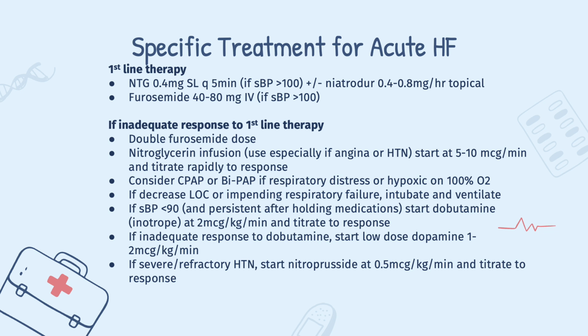But it can also be used as adjunct therapy in patients with pretty severe pulmonary edema without the hypotension that really is refractory to the initial treatment of Lasix and nitro. So inotropes are drugs that improve that contractility, therefore really improving the cardiac output as well as the systemic tissue perfusion.